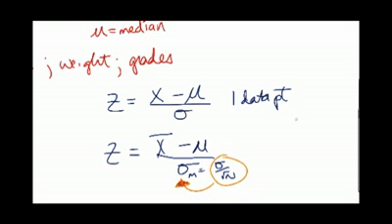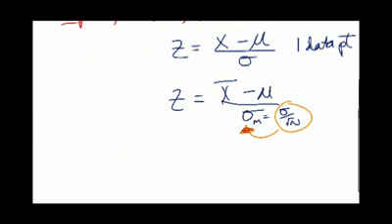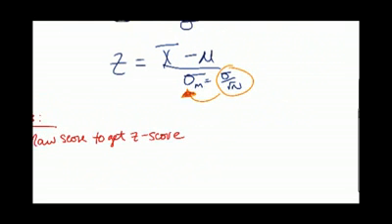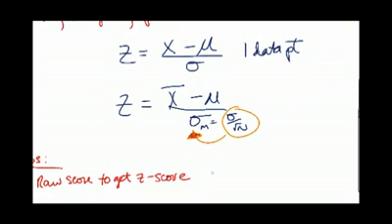So the concept is you will use your raw score to find a z-score, and then you will convert that z-score to a p-value.